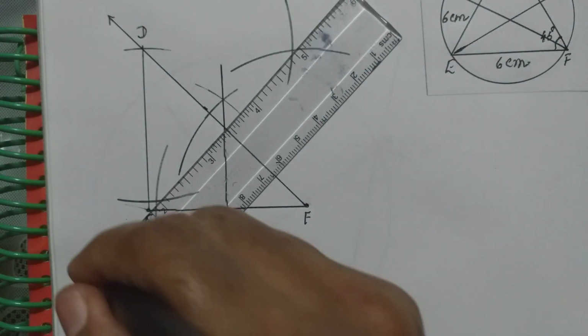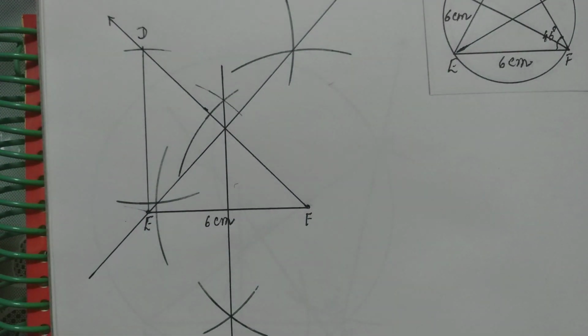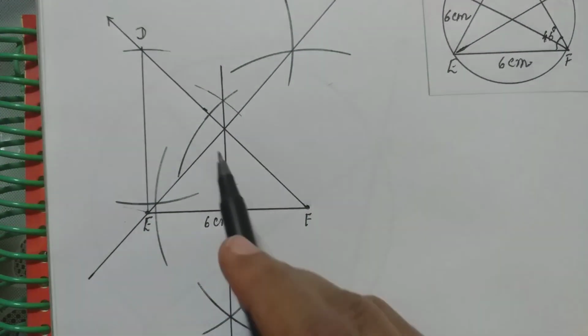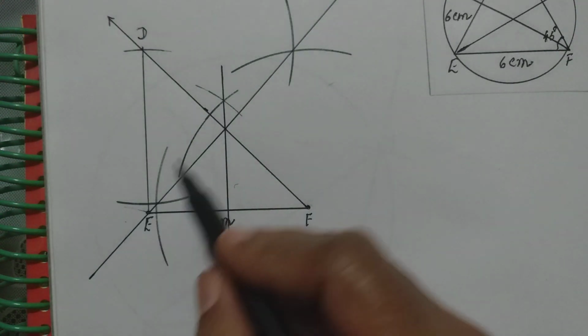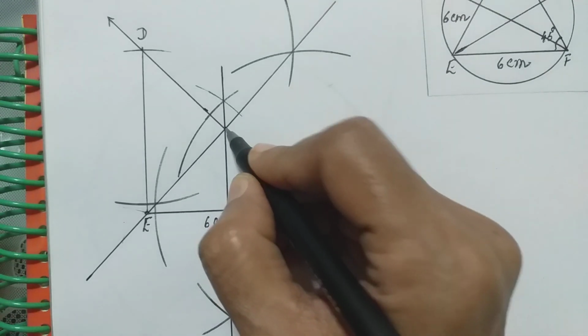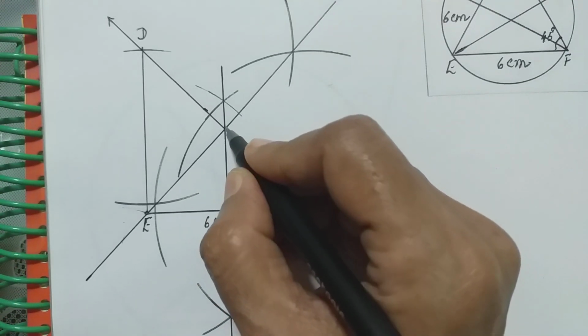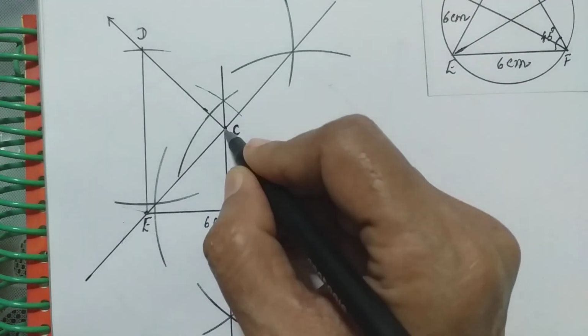That will be the next perpendicular bisector which we have constructed of the side DF. Now we notice that the point of intersection of these two perpendicular bisectors is here at this point, so we mark this point as the circumcenter.